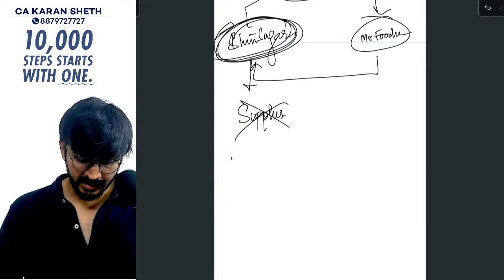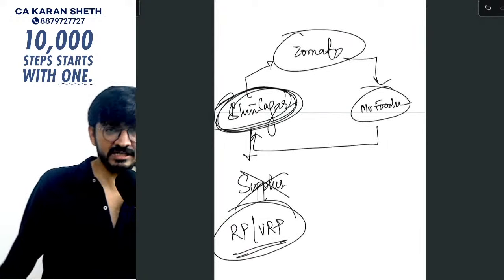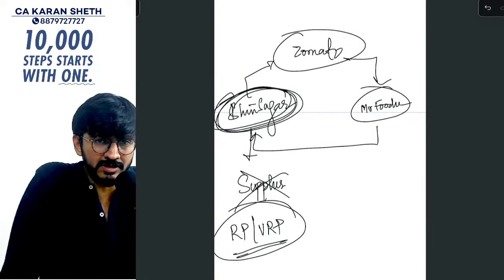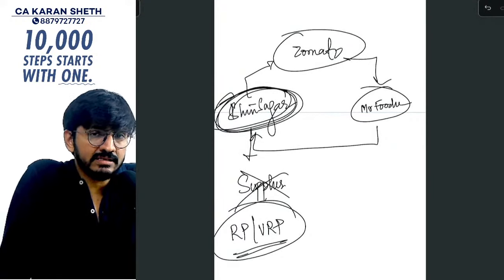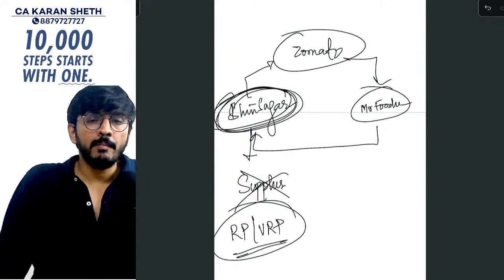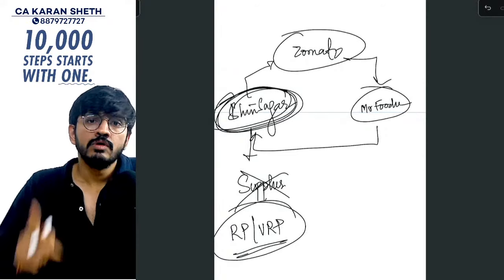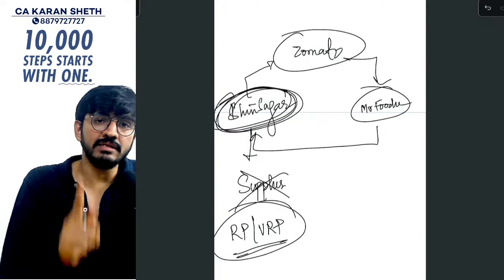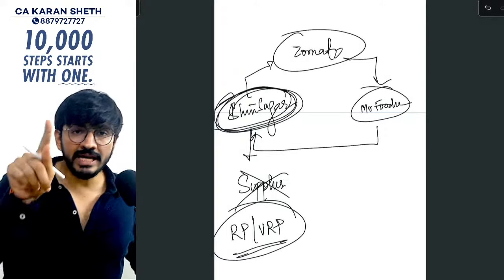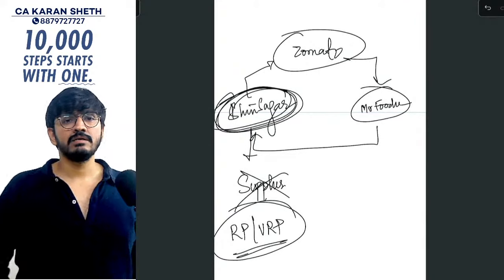Supplier can be either a registered person or unregistered person, right? So Shiv Sagar can be a registered person. Obviously, it will be registered because its turnover is more than 20 lakhs. Doesn't matter. But if Shiv Sagar is supplying through Zomato, Zomato will only pay the tax.